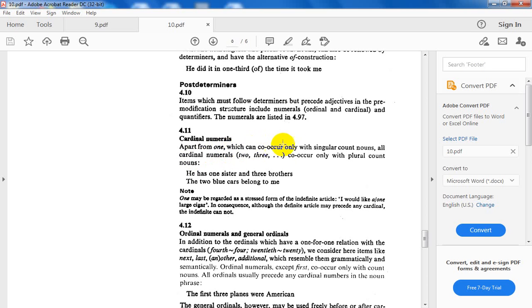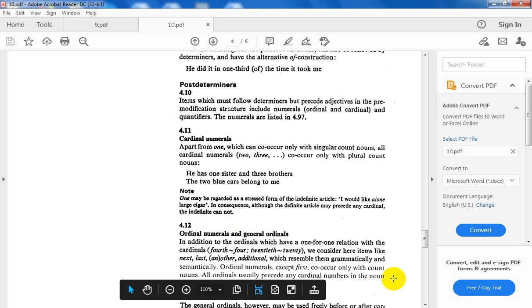Apart from one, which can occur only with singular count nouns, all cardinal numbers 2, 3, 4 can occur only with plural count nouns. I have no mention of non-count here, because they denote number and counting, so you cannot use them with non-count nouns.